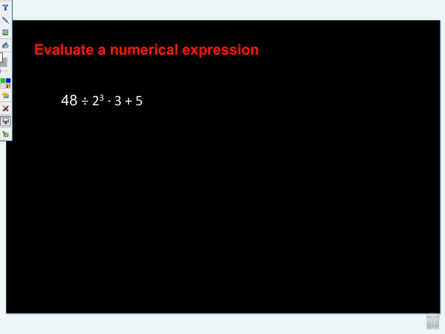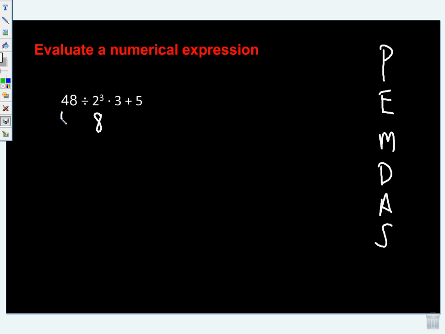Here's one that, again, if you remember your order of operations, if you remember PEMDAS, this will help ensure that you can evaluate this expression in the correct order and get the correct solution. So here I'm going to look and notice that, again, I see no parentheses in this entire expression, but I do have an exponent, so I'm going to evaluate 2 to the 3rd power first, which is, of course, 8. 2 to the 3rd power indicating 2 times itself 3 times. 2 times 2 times 2 is 8.